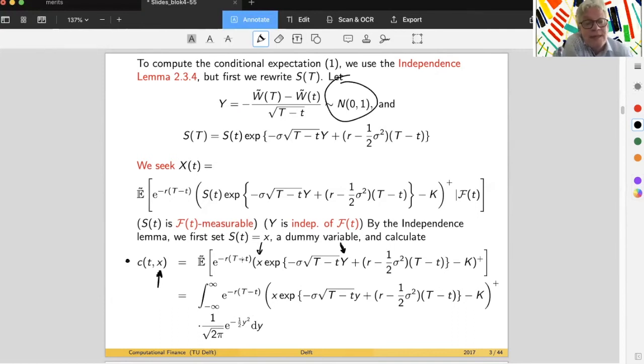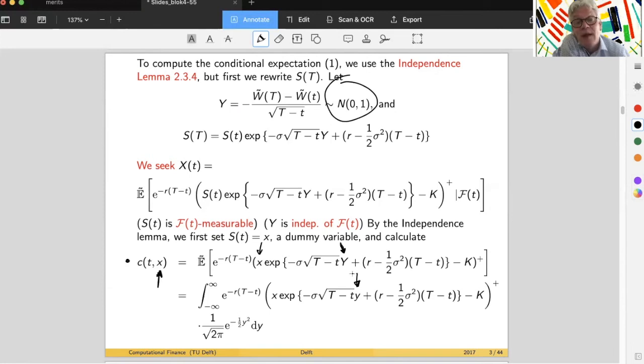So let's do that. That is the integral from minus infinity to infinity, e to the power minus r times capital T minus little t times x, e to the power minus sigma, the square root of capital T minus t, times little y. It's now an integration variable, so we are running over y here.